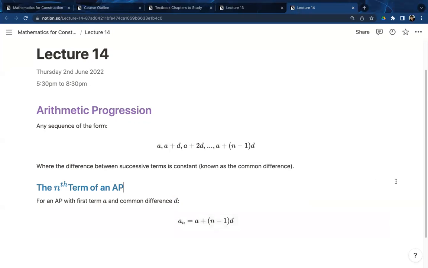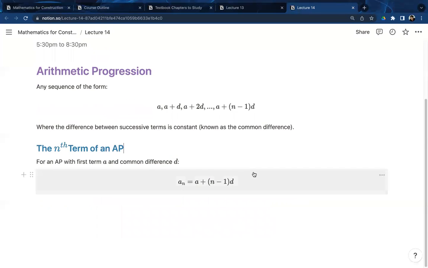So I have this formula here. If you know the first term a and you know the common difference d, the nth term is given by this here. So obviously, the first term, we start counting from 1.